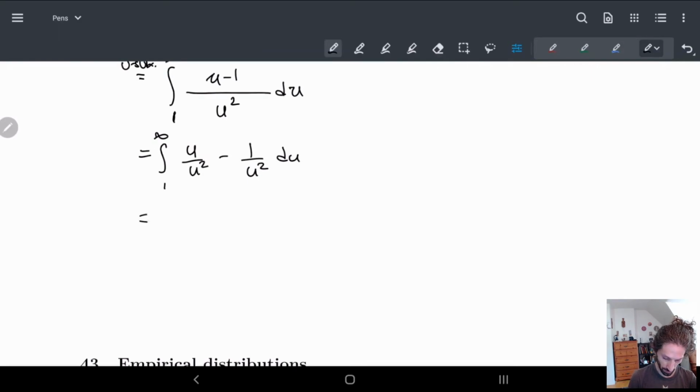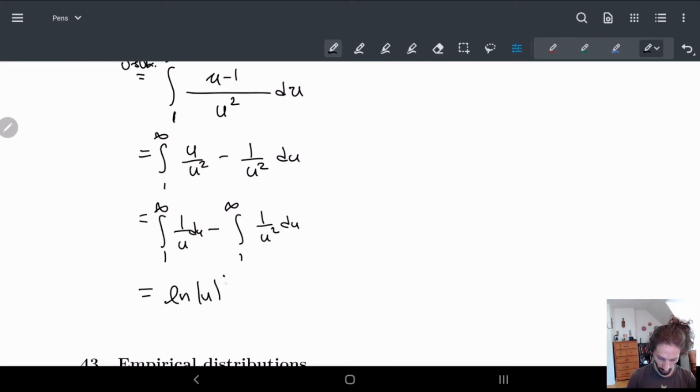So here I have the integral from 1 to infinity of 1 over u du minus 1 over u squared du. 1 over u is just the natural log of u, and then minus 1 over u squared technically becomes plus 1 over u. And then I will evaluate all of this from 1 to infinity.